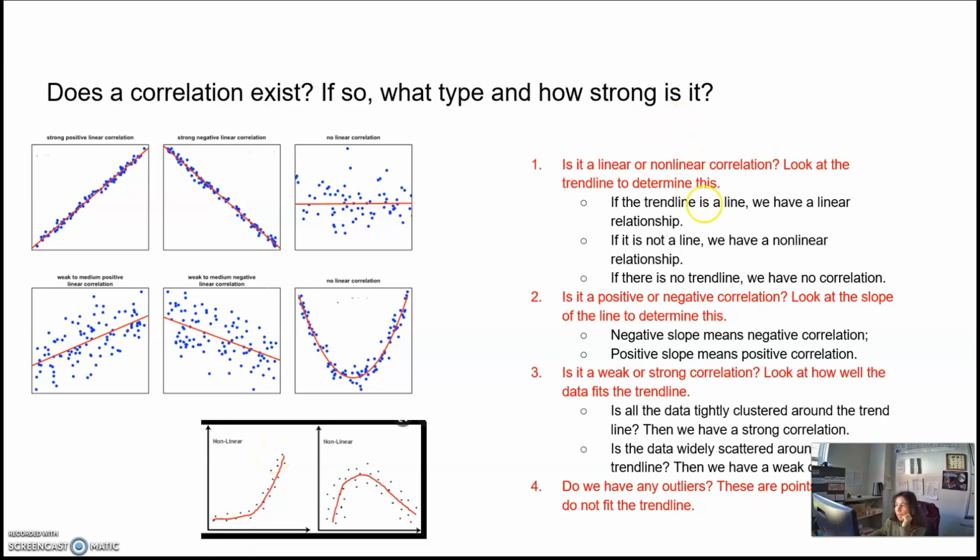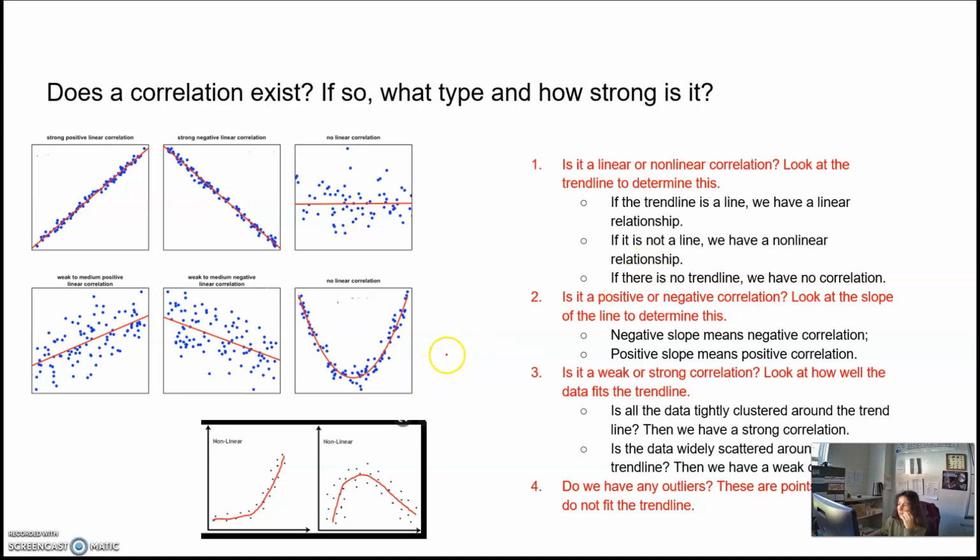So if our trend line is a straight line, then we can say that we have a linear relationship. If our trend line is not a line, as in this example where we got sort of a parabola, and over here in the bottom examples where we got some kind of curves, then we have a non-linear relationship.